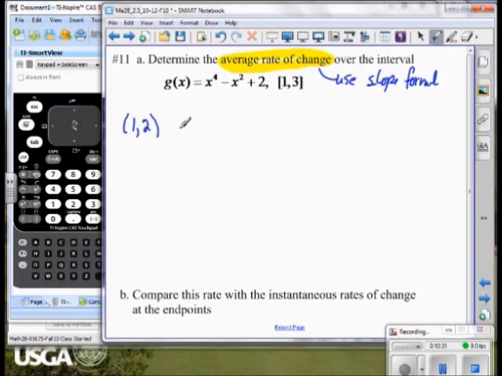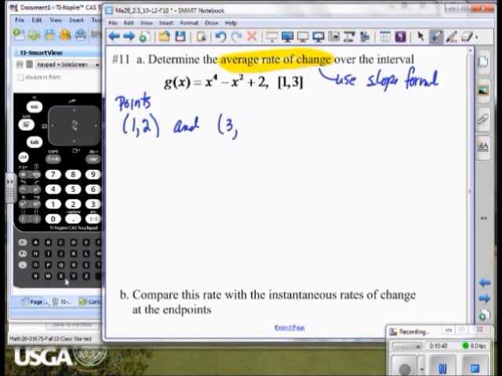Someone said 3 and I was wondering. So the points we're going to use are 1, 2, and now someone said 3 because I think they were looking at this as a coordinate, but it's not. It's a closed interval. So we're going to go all the way to the input of 3.